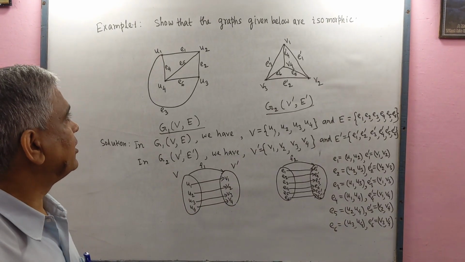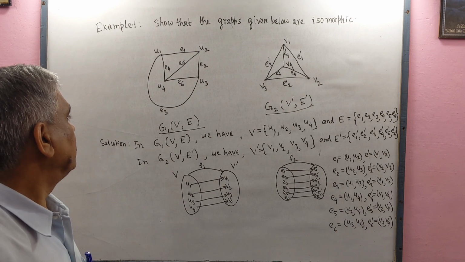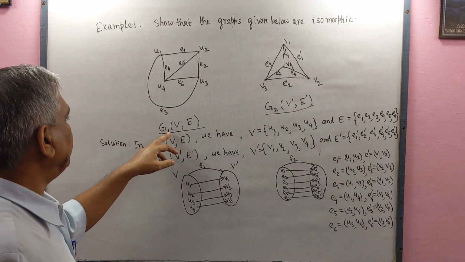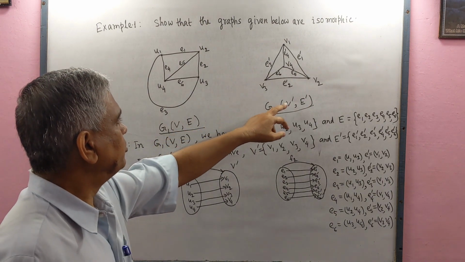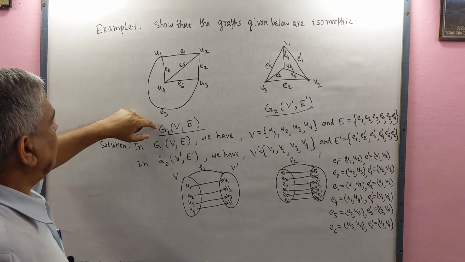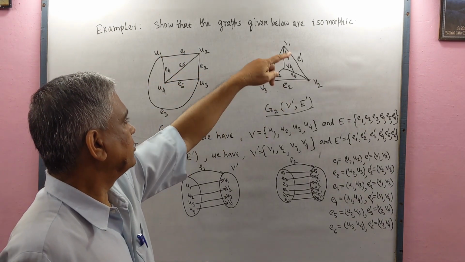Now we shall give an example of isomorphism of two graphs. Let we have two graphs G1(V, E) and G2(V', E'). Here G1 is this graph and G2 is another graph.